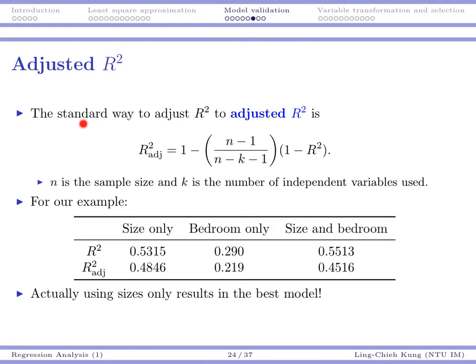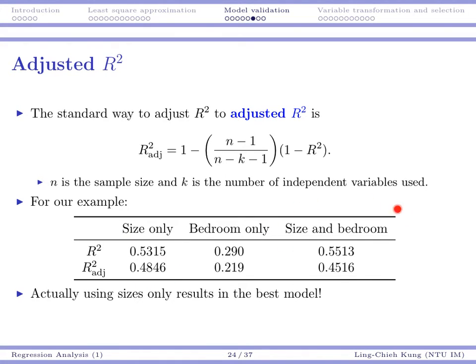The standard way is to consider the adjusted R-square, which is defined as a function of R-square. N is the sample size, and K is the number of independent variables used in the model. So if I use more independent variables, my adjusted R-square will be smaller. For our example, if we use size only, our adjusted R-square is around 48%.